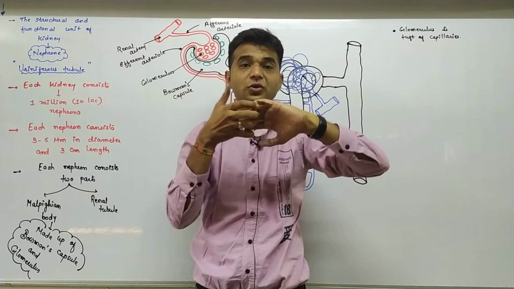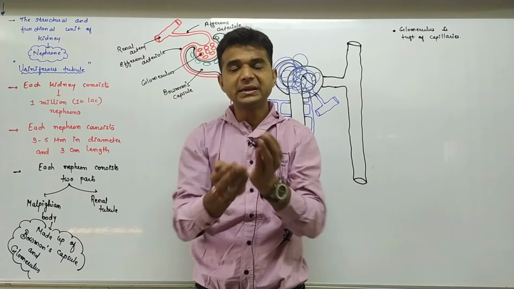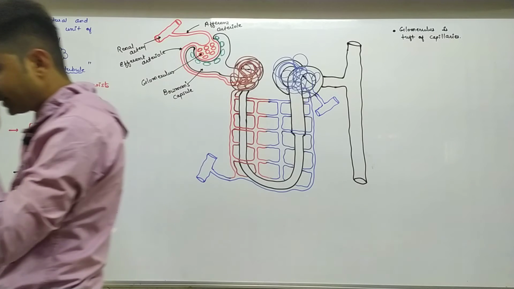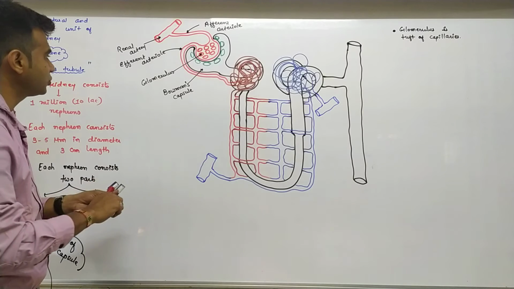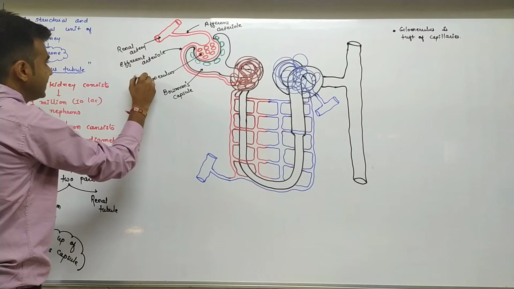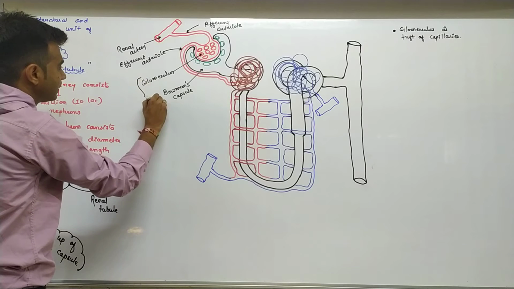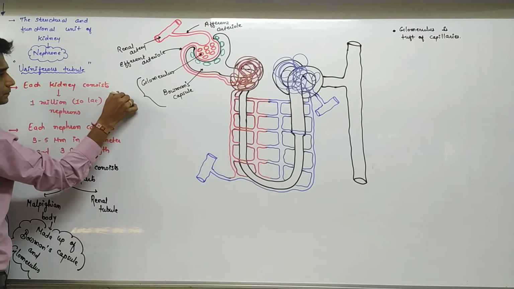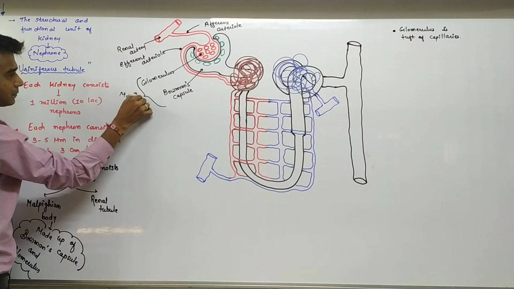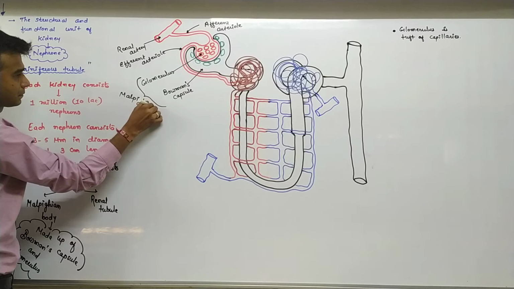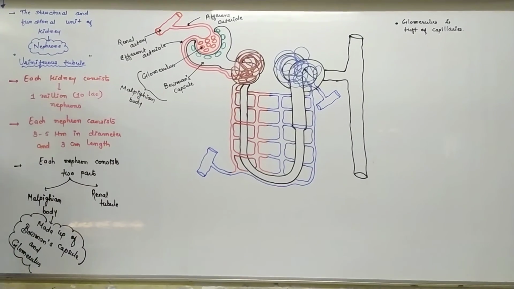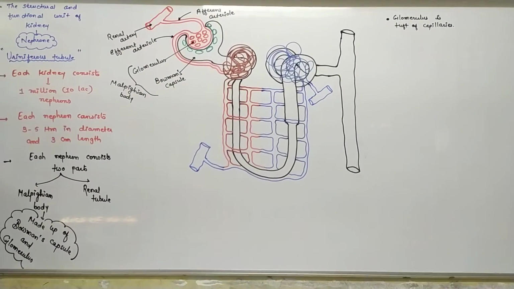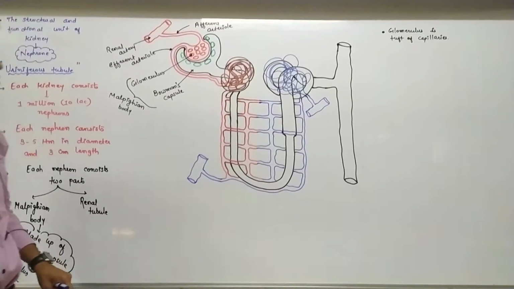So this is known as the glomerulus, and it is covered in a bag-like structure known as the Bowman's capsule. The Bowman's capsule and glomerulus combined are known as the Malpighian body.